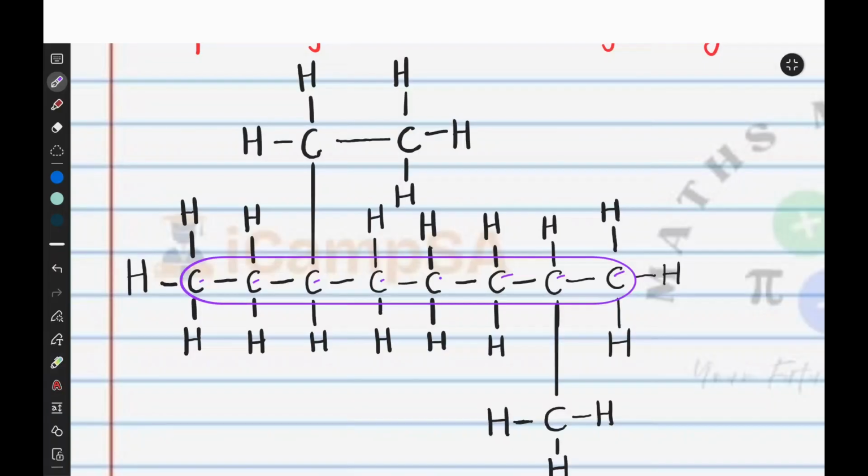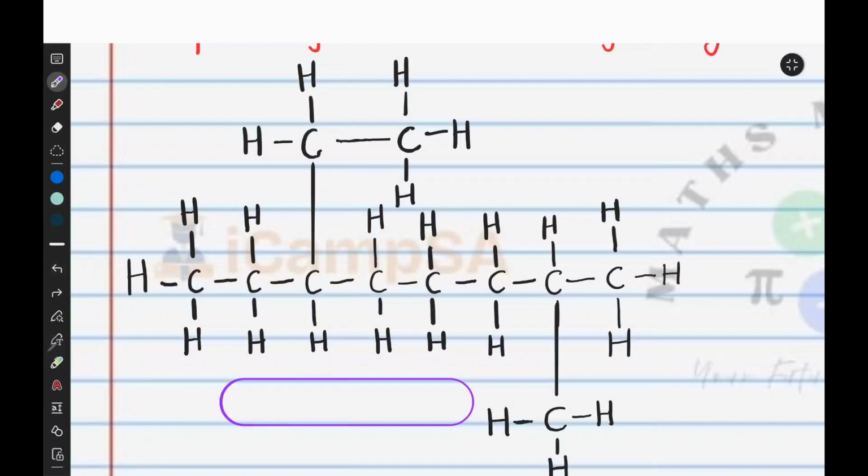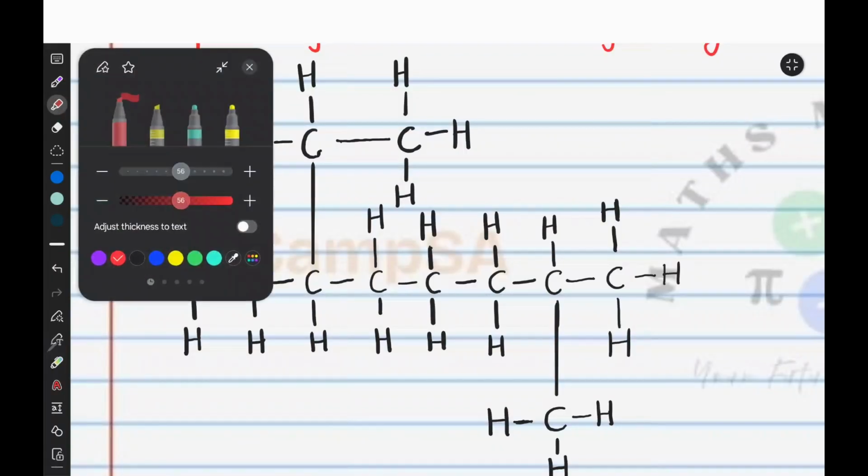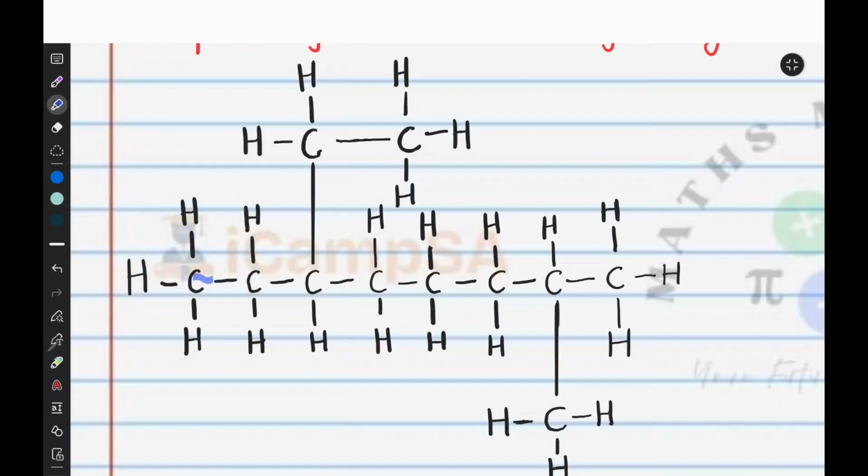Okay, so if we check another continuous chain, we find, let's see, this one. That's another continuous chain that we can determine there.